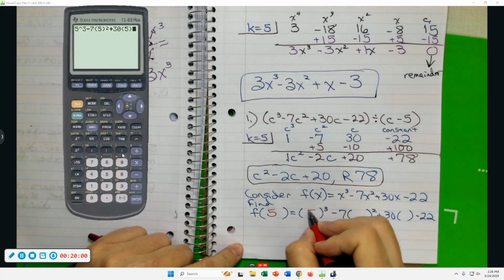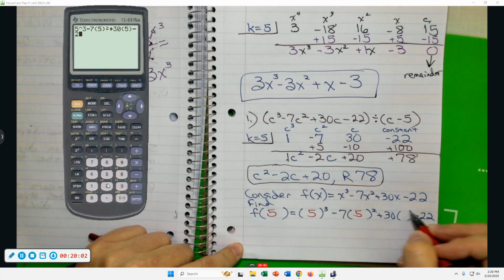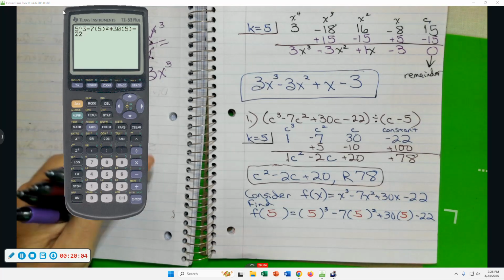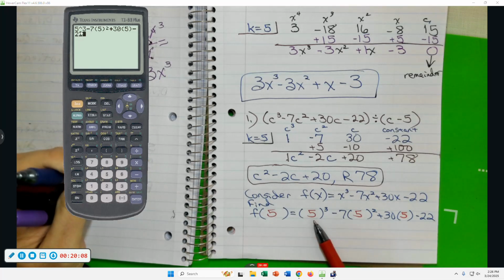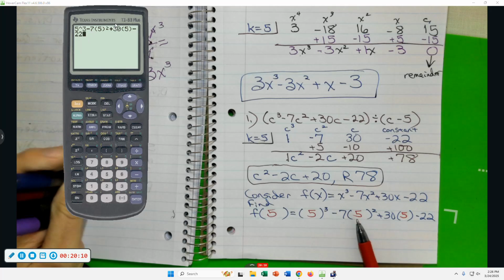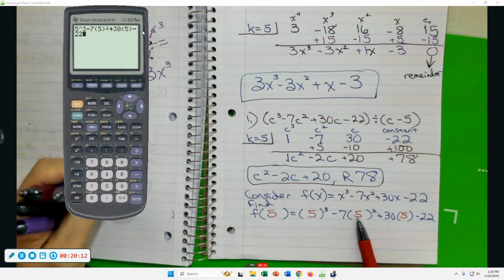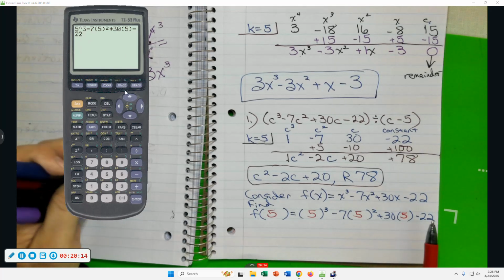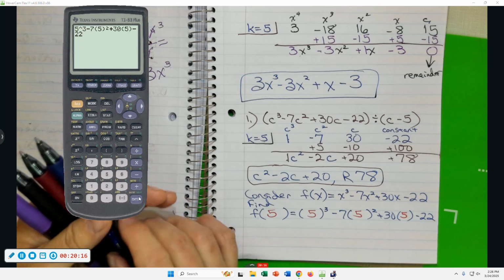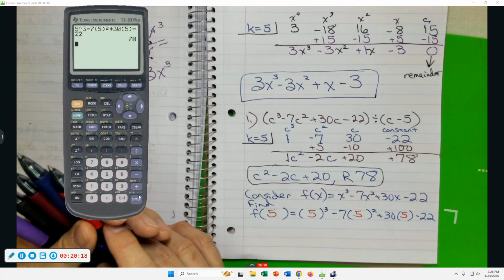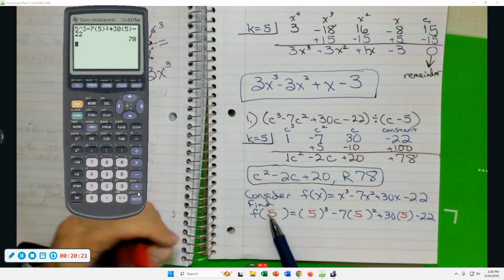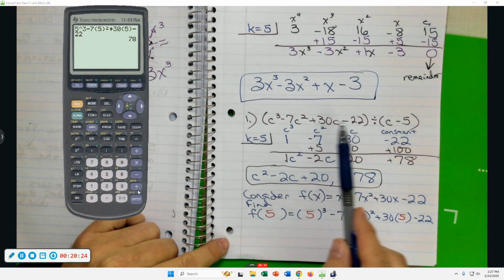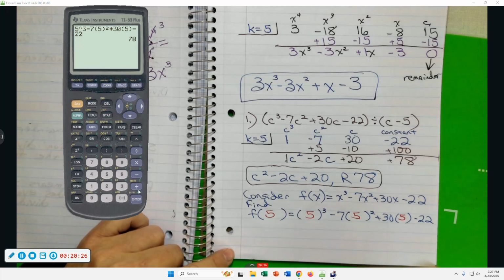I have a point to all of this. So that's a 125 minus 175 plus 150 minus 22. What's that giving us, Tony? Look at that, 78. We plugged 5 into the dividend, and we got 78.